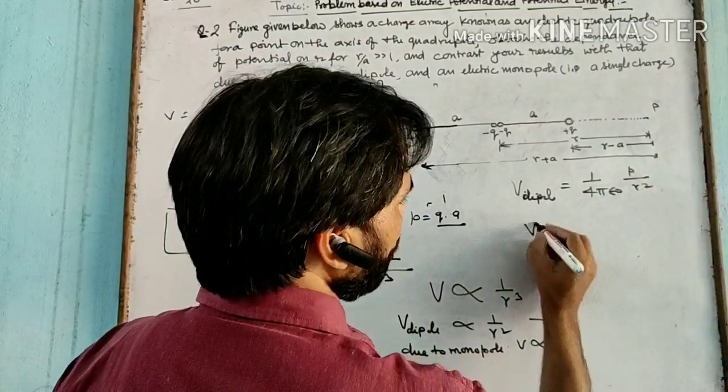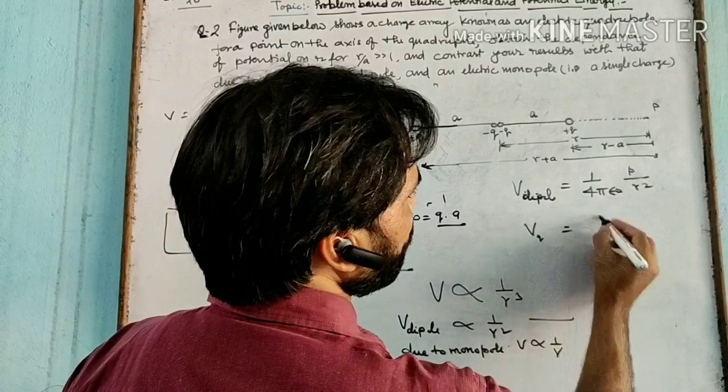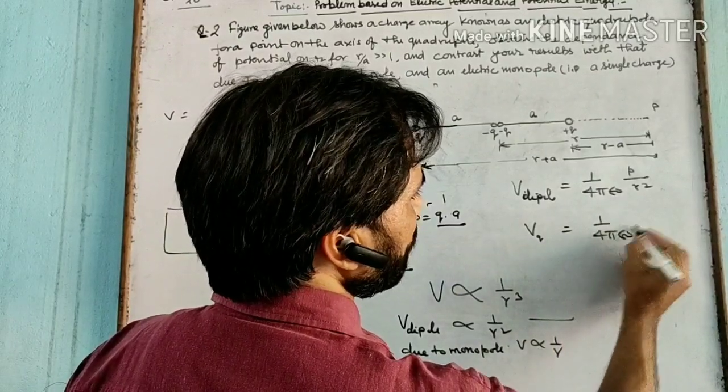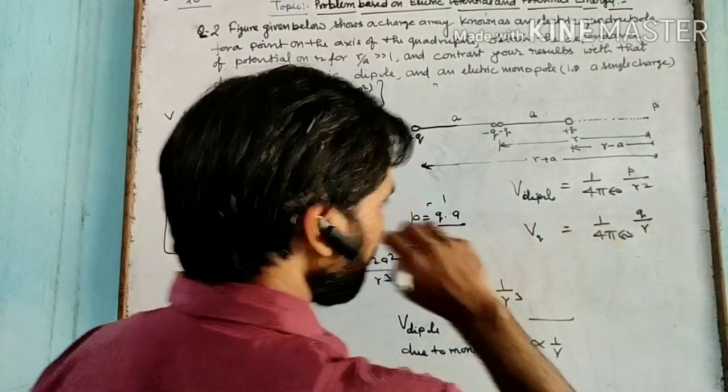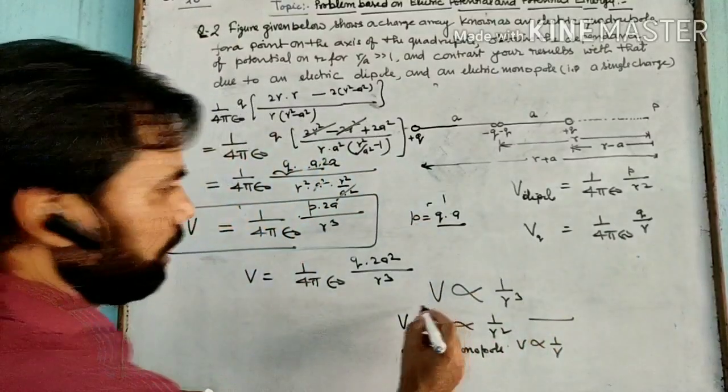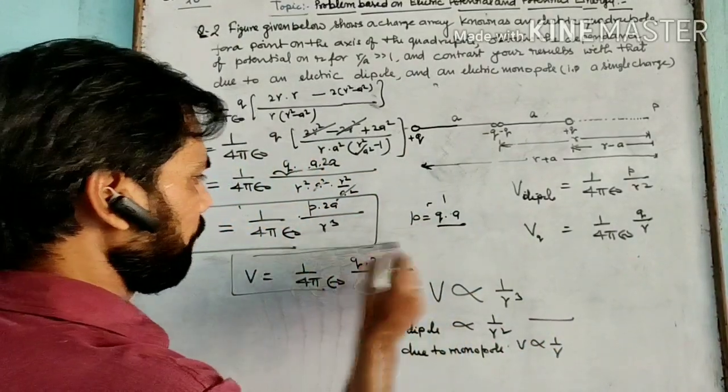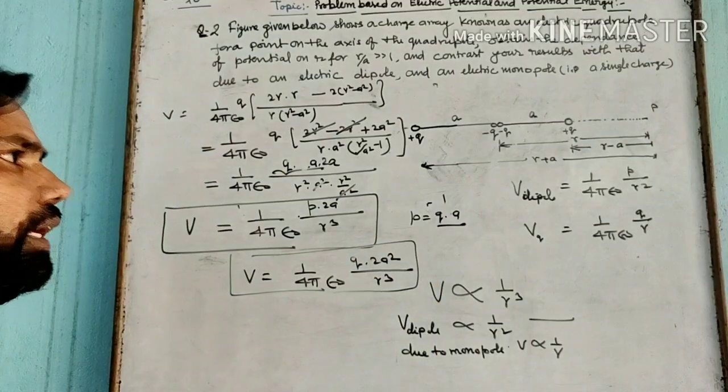Due to single point charge, Q is equal to 1 upon 4 pi epsilon 0 Q upon r, and because of this dipole quadrupole we have this much of the electric potential.